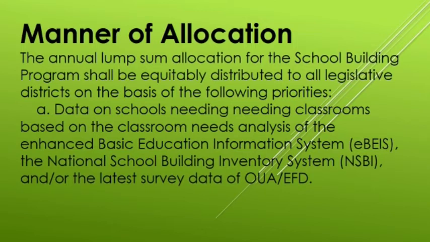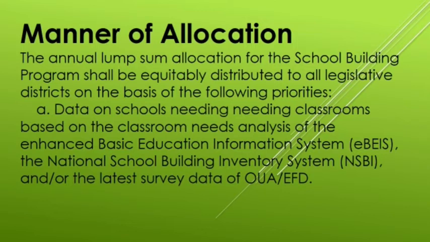So manner of allocation: the annual lump sum allocation for the school building program shall be equitably distributed to all legislative districts on the basis of the following priorities. A. Data on schools needing classrooms based on the classroom needs analysis of the Enhanced Basic Education Information System or the EBEIS, the National School Building and Inventory System or the NSBI, and or the latest survey data of OUA or EFD.